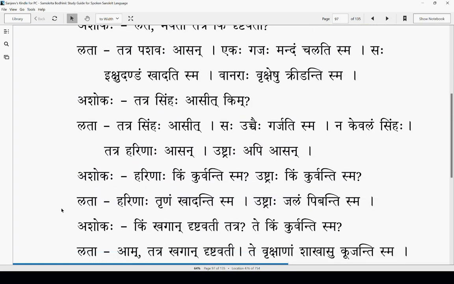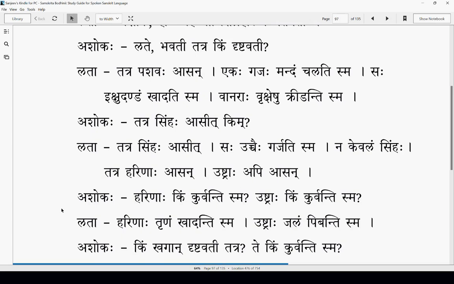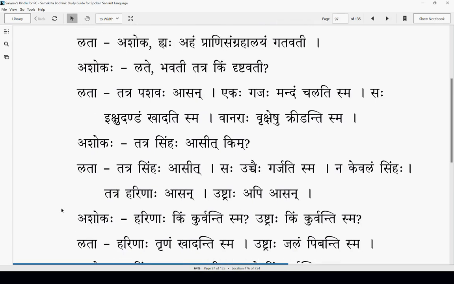Mahoday, one question. If we want Ekaha Gajaha Mandam Chalati Sma, instead of using Sma, can we use the Bhuta Krudanta form there? Is it possible at all? Possible, but both have different meanings.